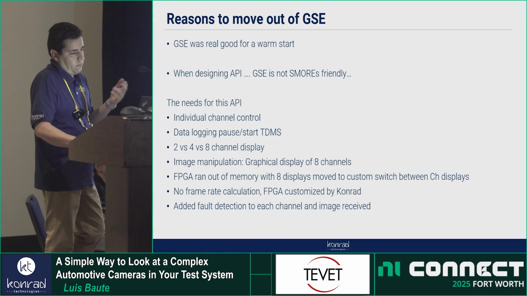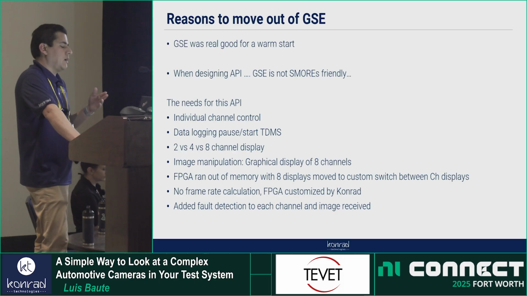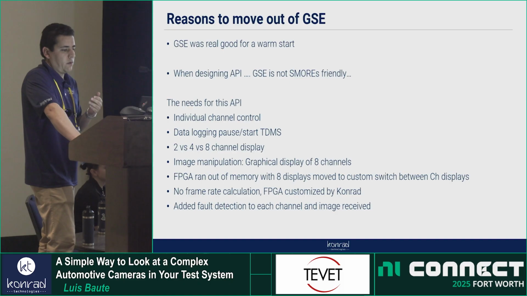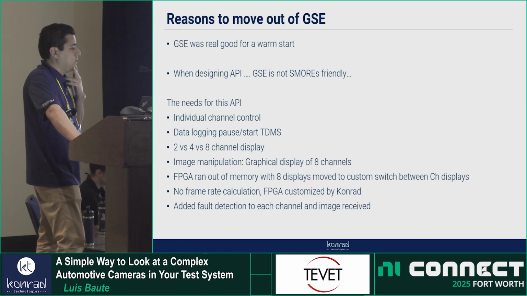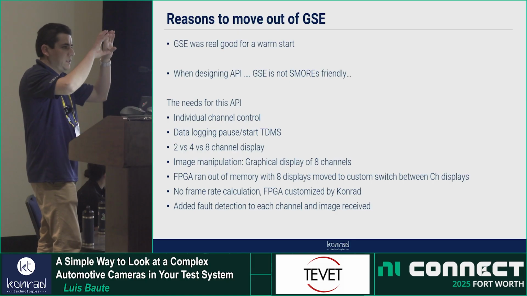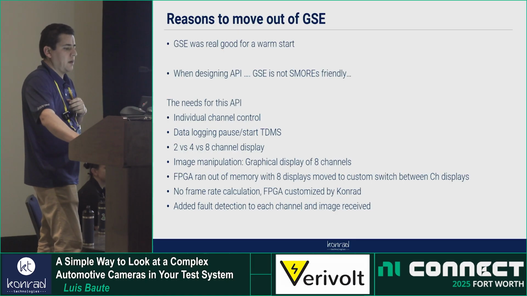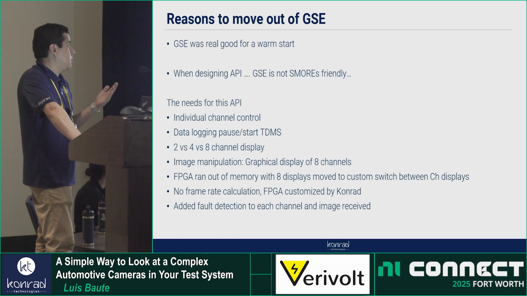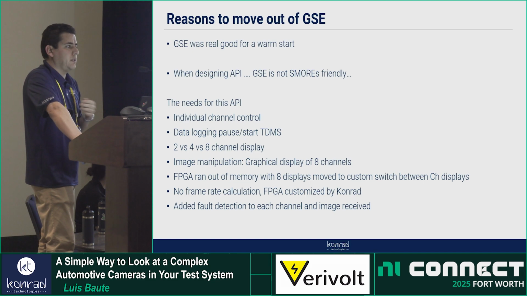So we decided with the customer when to pause or baseline information of the core images. Another thing, there's a limitation on the FPGAs because you can only run up to 4 channel displays, which is seeing the images that are acquired in real time. We tried to compile for more channels, and we were limited because of the FPGA size, but we needed to see all of the cameras. So it was an 8 channel display that we needed.